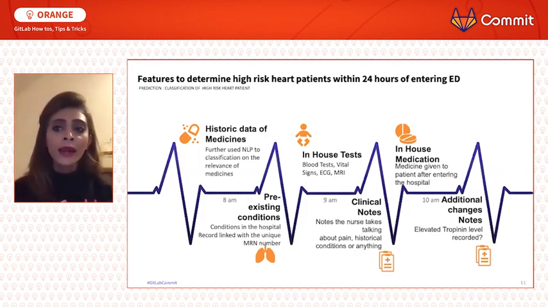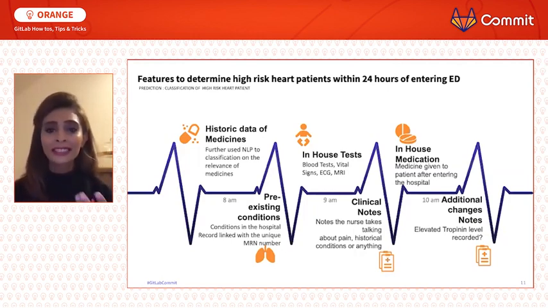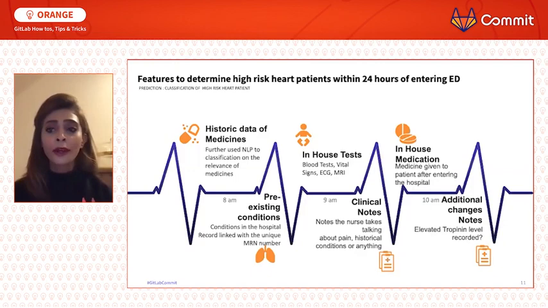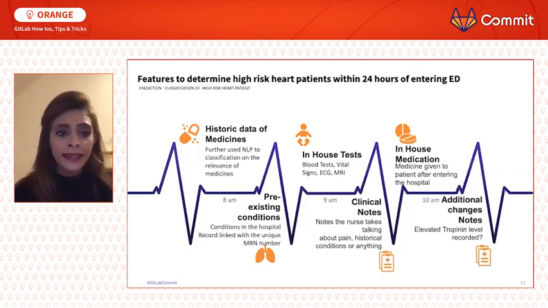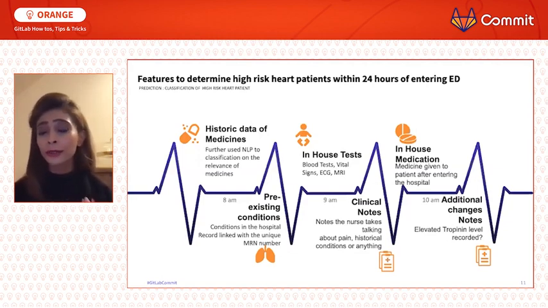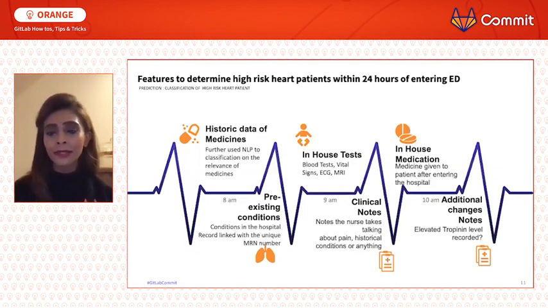When we are doing an AI model, because a model can handle much more than three or four rules, we ended up taking data for 80 different variables, from historic medicine understanding to pre-existing conditions, any sort of test results, obviously the clinical notes, any in-house medication and additional changes, any change of the notes while you are in that hospital through that 24 hours. That itself is already a lot more than a human can actually process without a machine.